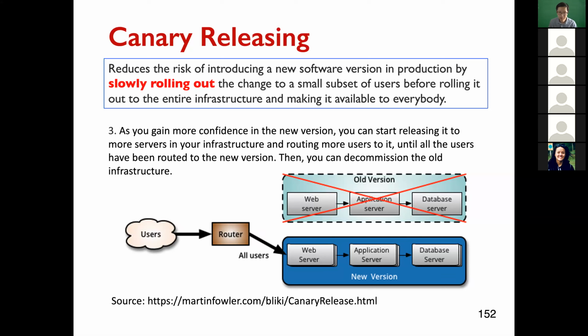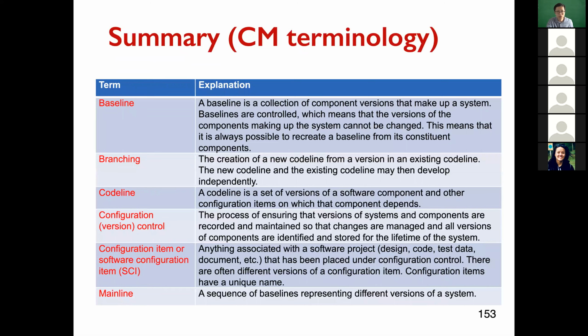Okay, that's about the building and release pipeline, and we also talked about the releasing strategies. To summarize, we have introduced different terms in this lecture, and I want you to remember these terms. Like baseline, what is a baseline? What is branching? What is merging? What is a code line? What is version control, configuration control? What is a configuration item?